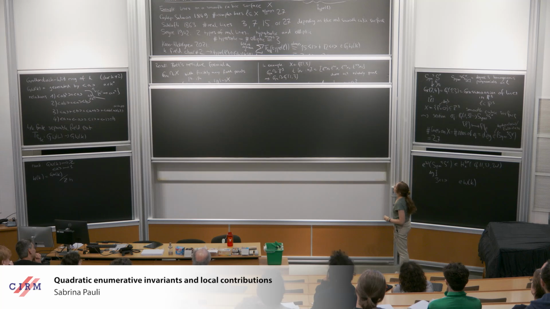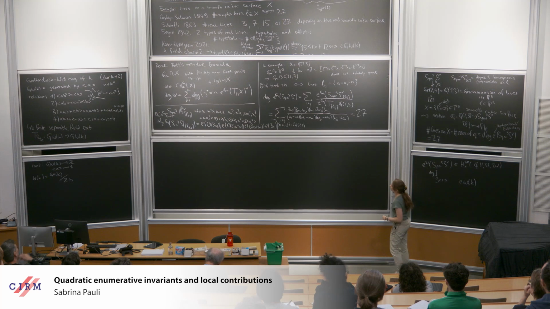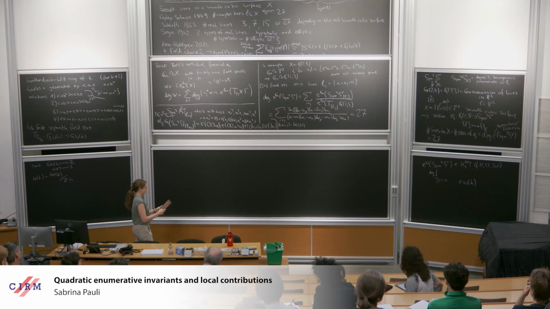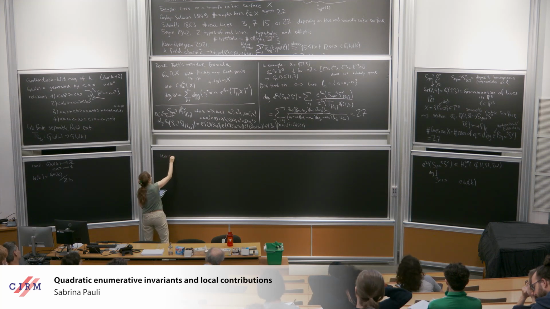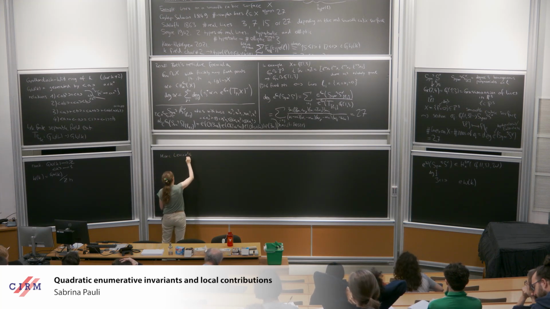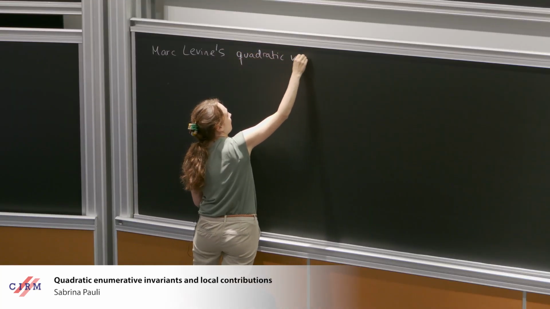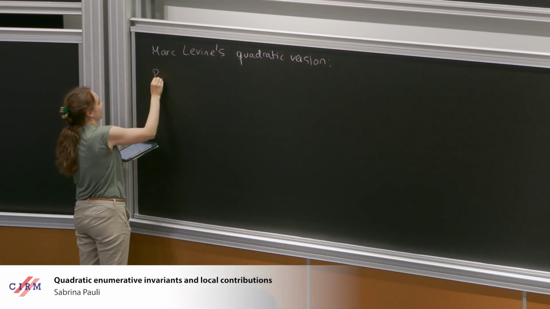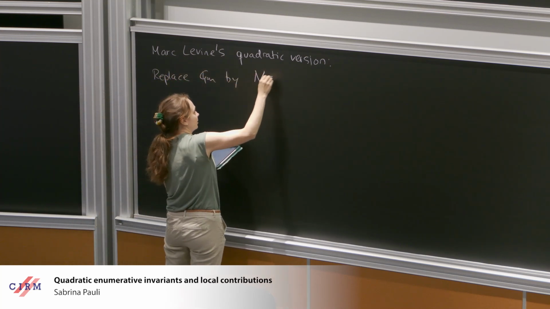And now let's do the exact same thing with N. So recall from yesterday that Marc has a quadratic version of this. So now you want to replace G_m by N. What is N?